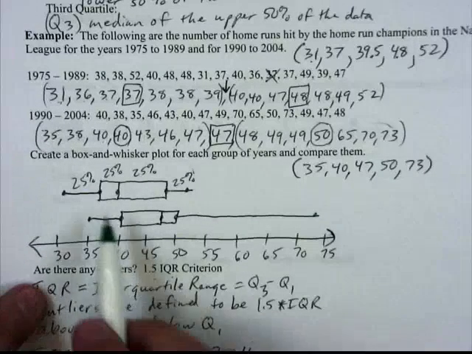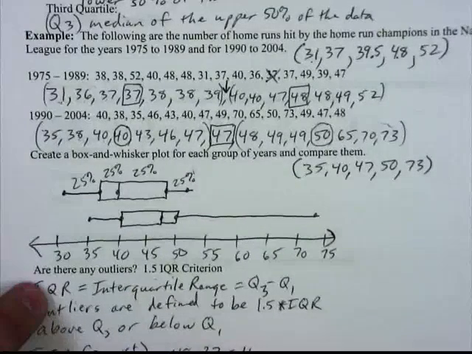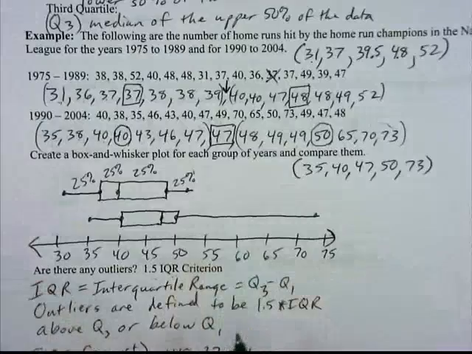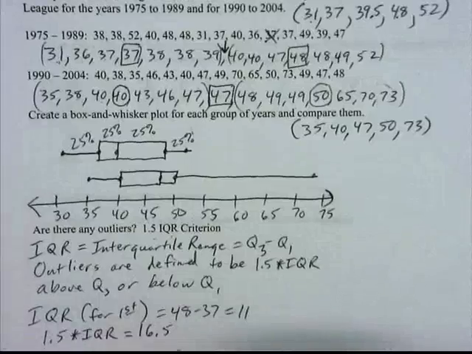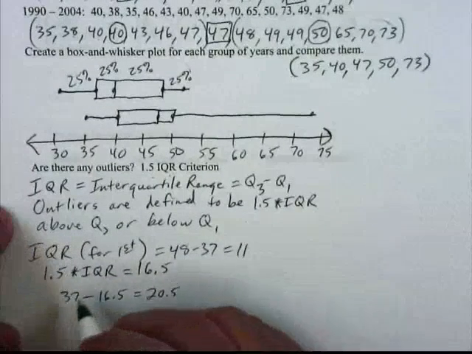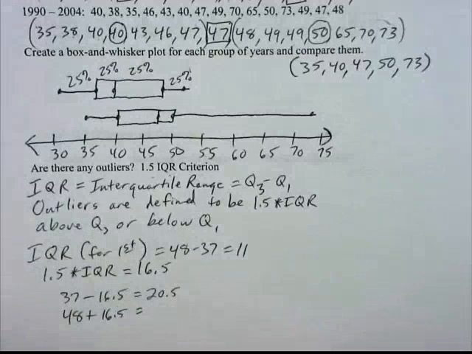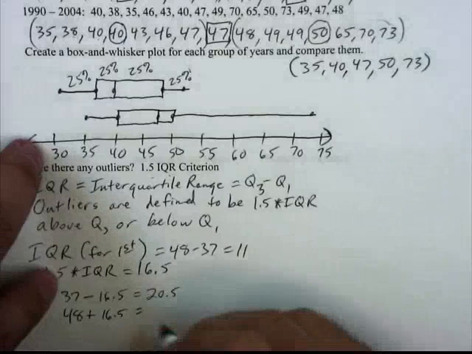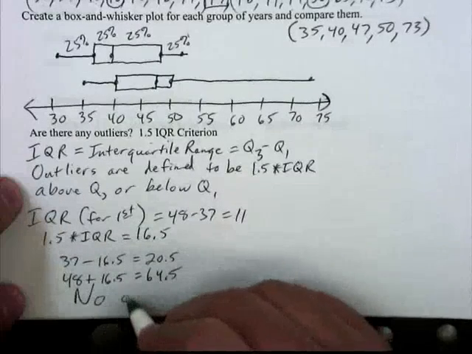And so we want to take our Q1, which was 37, and subtract off 16.5, which would give us 20.5, and see if there's any numbers that are less than 20.5, and there aren't. And then we want to take the Q3, which is 48, and add 16.5 to it. So 48 plus 16.5 gives us 64.5. And there are no numbers that are above 64.5. So in this case, for this one, we have no outliers.